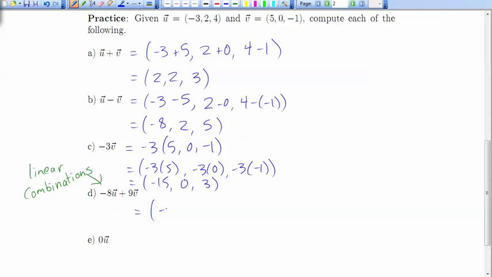I would get, well, we can do it all in one shot here. Negative 8 times the first coordinate of u plus 9 times the first coordinate of v gives me my first coordinate of the answer. And then we've got negative 8 times the second coordinate of u plus 9 times the second coordinate of v, and so on.